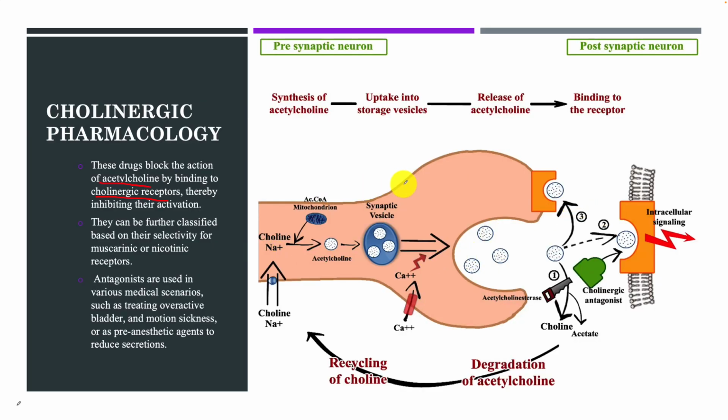And in this picture here, we can see that these antagonists are used right here, right? So they are going to bind to the receptor, and they're going to compete with acetylcholine. So again, we saw that we can inhibit this, we can inhibit this, we can accelerate this or decelerate this. We can influence how this vesicle is stuffed.